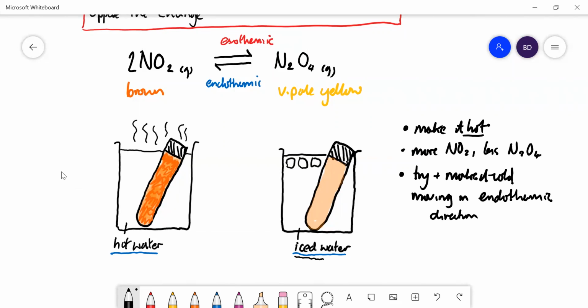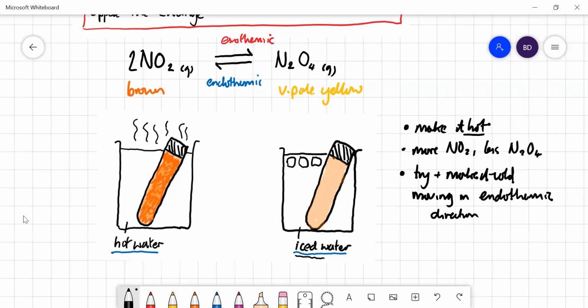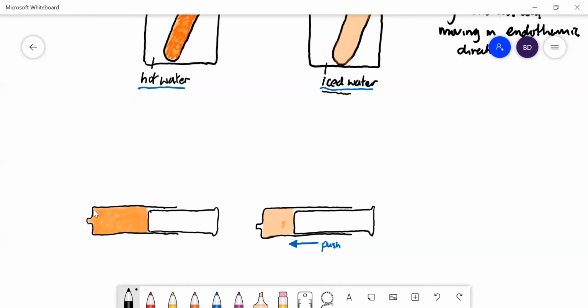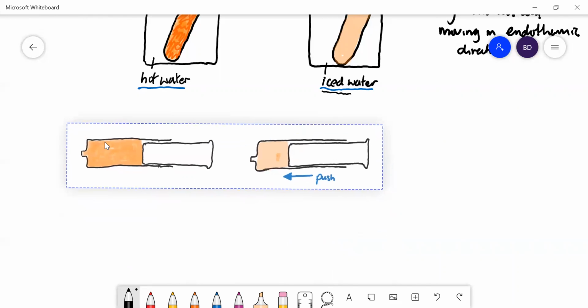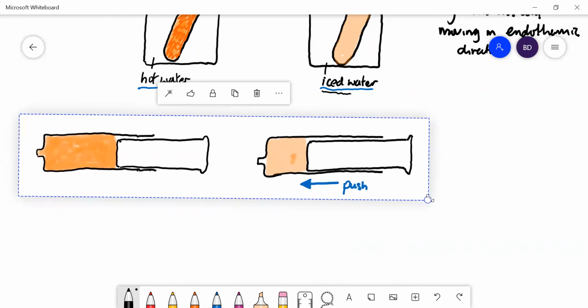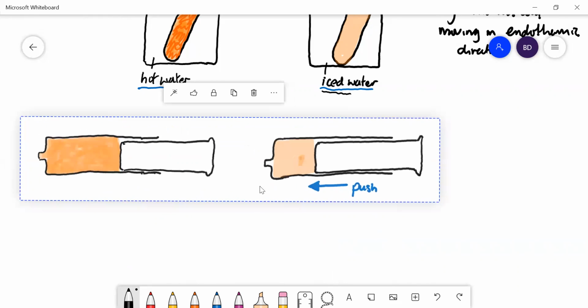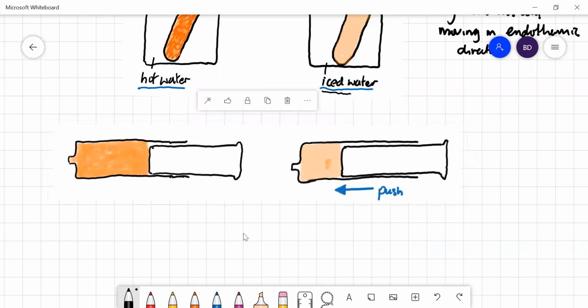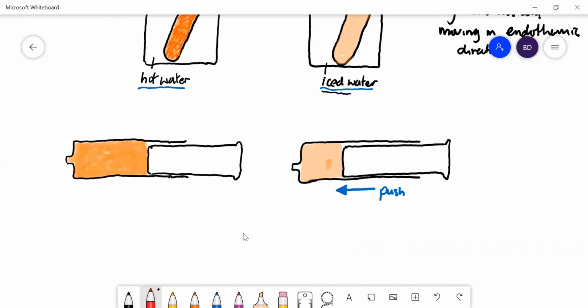Let's have a think about if we change the pressure, that will also change the position of equilibrium. Now, this time, instead of putting the gas into a boiling tube, you put the gas into a syringe and you seal the end up. So you get a plastic syringe, you seal the end just by melting it.